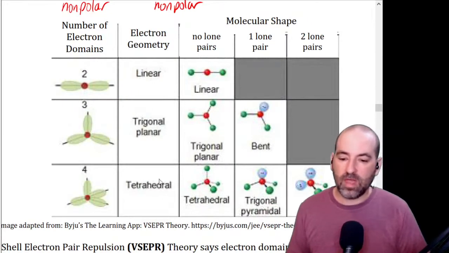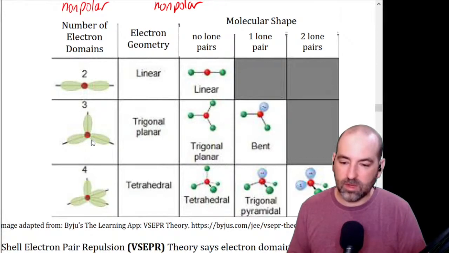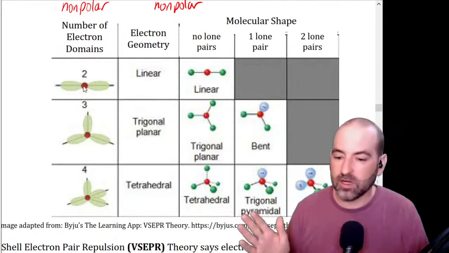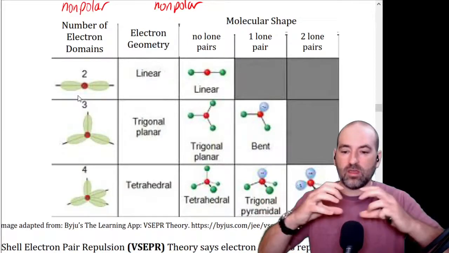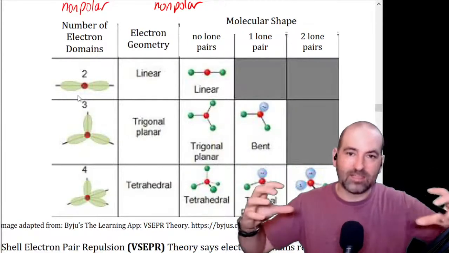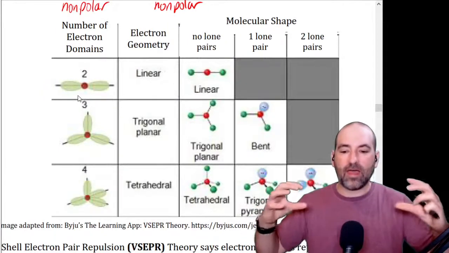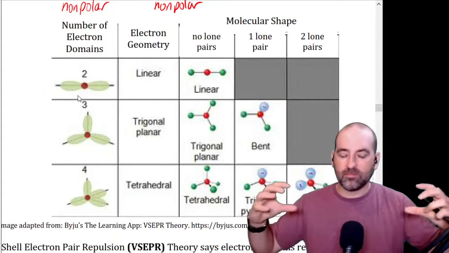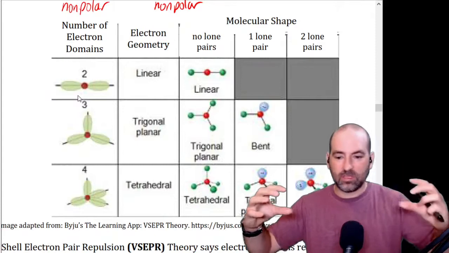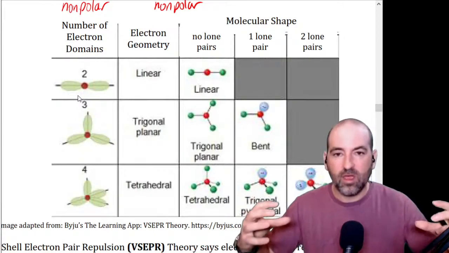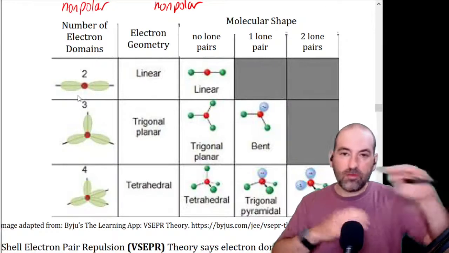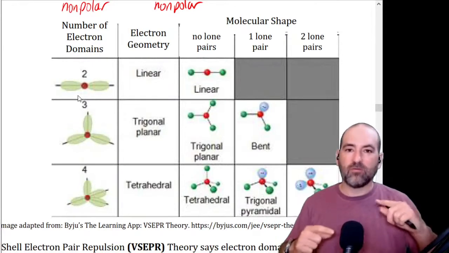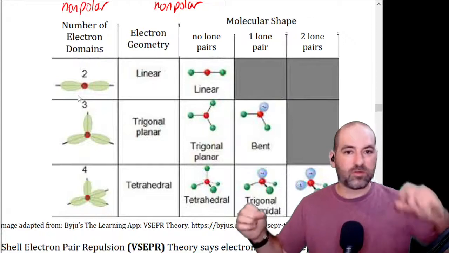So, for example, when we have 4 electron groups, well, let's start with 2. When we have 2 electron groups, the way that 2 groups of electrons can be furthest away from each other is to be on opposite sides of something, right? So that's where we get that 180-degree bond angle where one's here and one's here. And that's what we call linear. If we add a third group, the way that all 3 of those groups can be now furthest away from each other is to take the corners of a triangle.